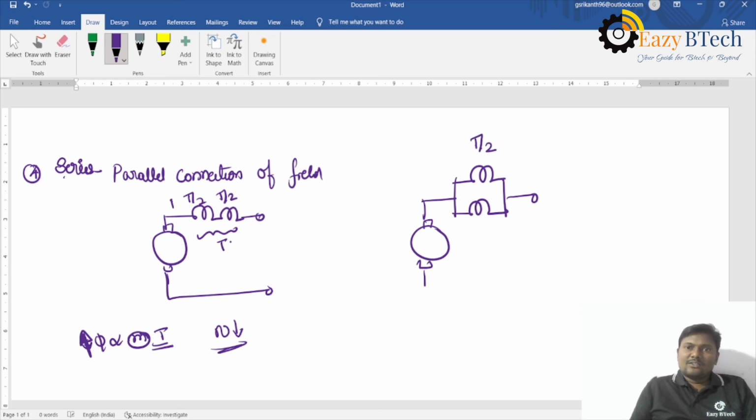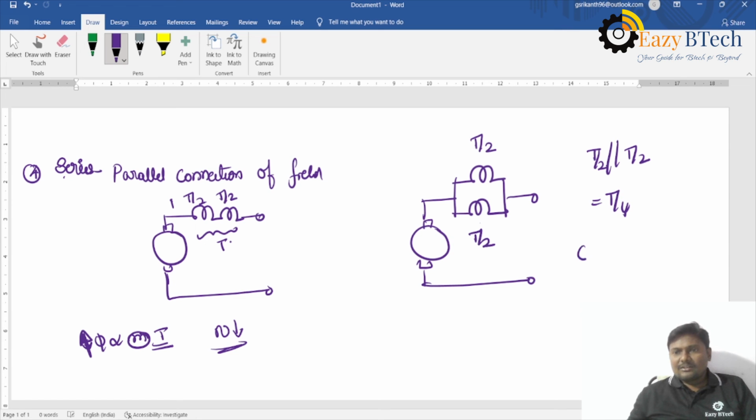This is T by 2 and T by 2. If these two are connected in parallel, then it is T by 4, and flux is directly proportional to T by 4, so the flux will be one fourth.